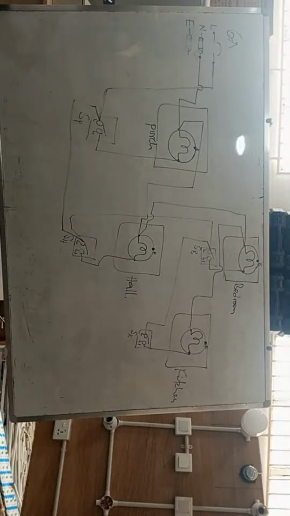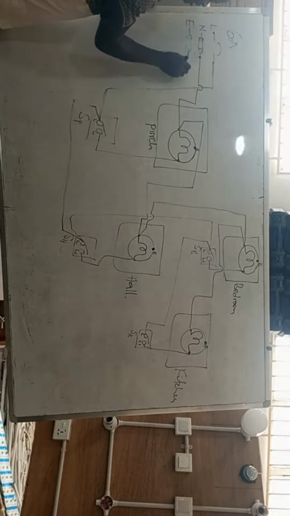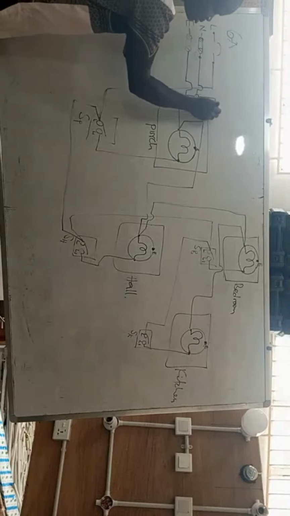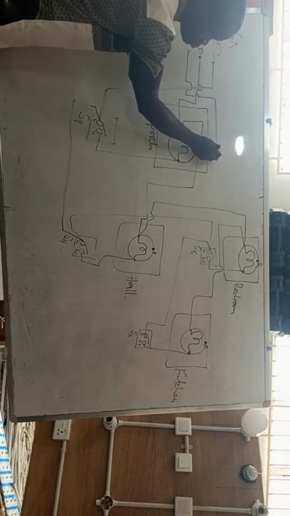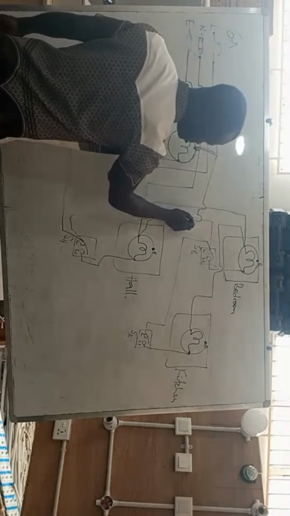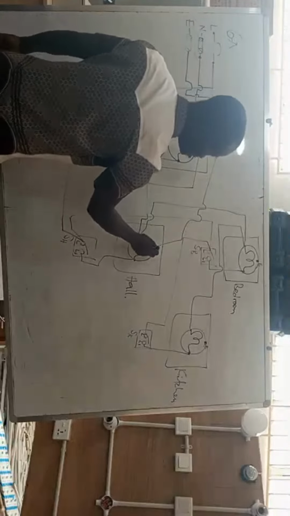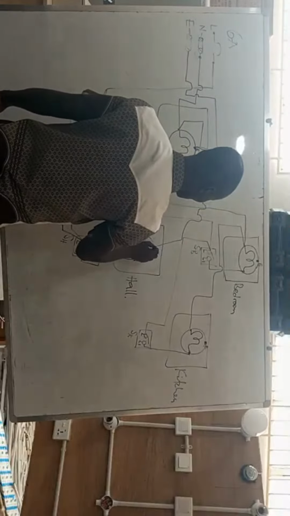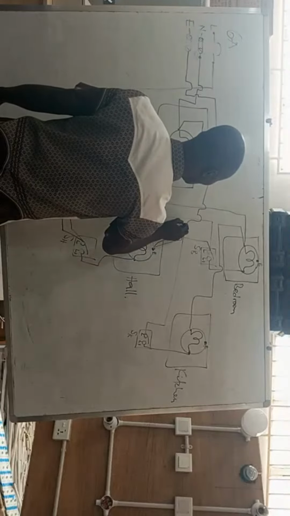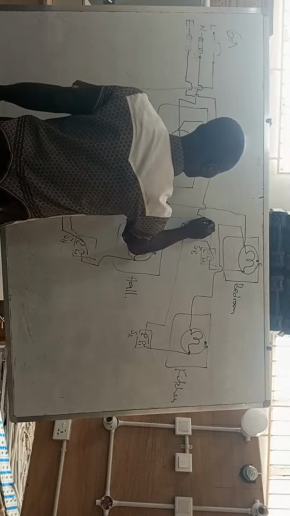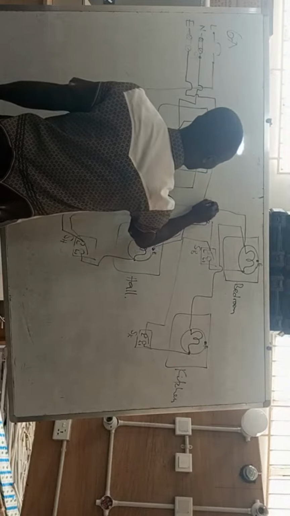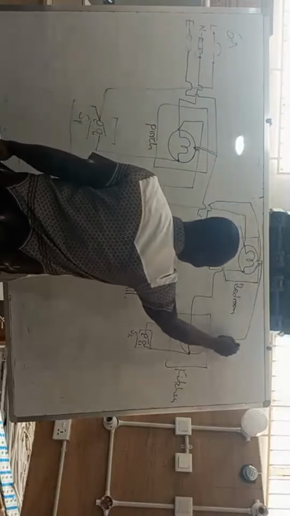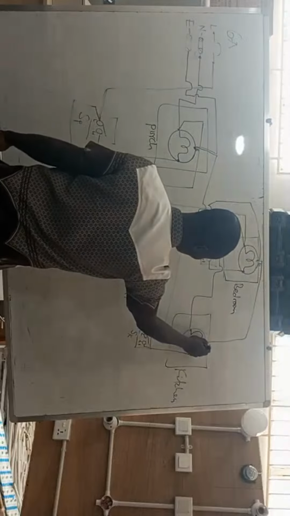Okay, so it is very simple. In doing that, we just take a connection from the consumer unit to the first earth terminal, then we take a loop to the second earth terminal, then we take a loop to the one in the bedroom, then we take another loop to the one in the kitchen.